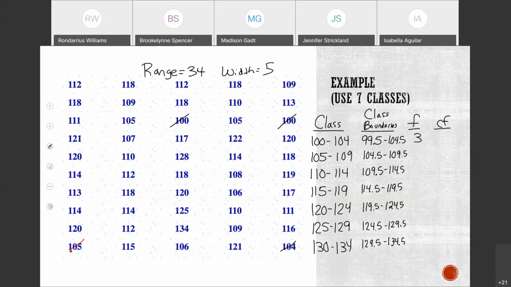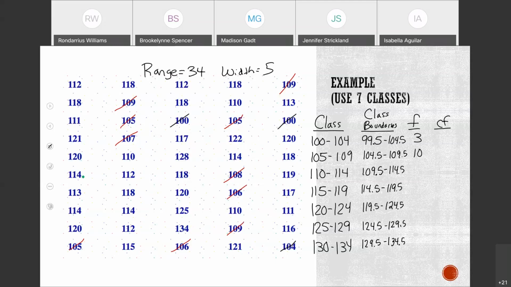So there's 1, 2, 3, 4, 5, 6, 7, it's the fourth row and it's between 108 and 110. 8, 9, 10. All right, is that all of those? Okay, so 10 right here.